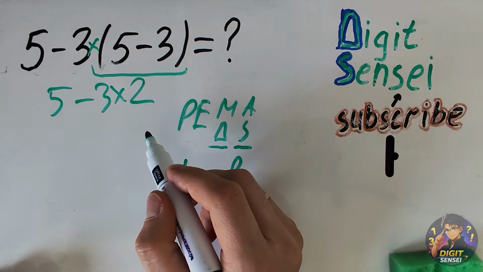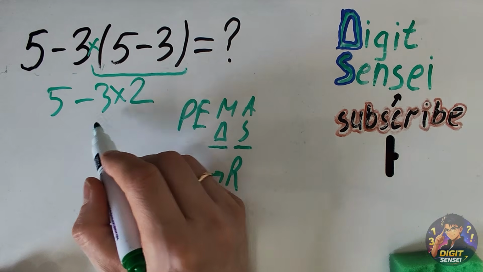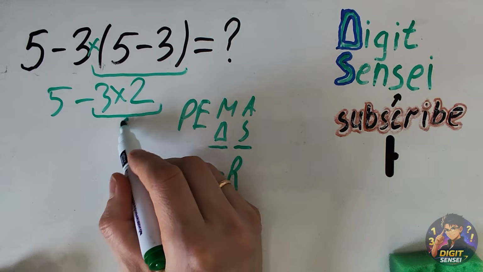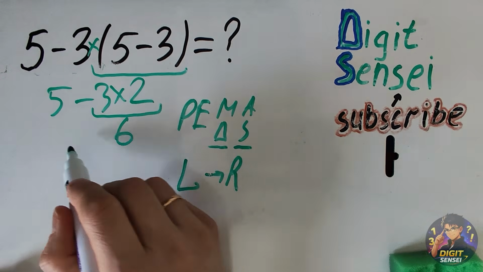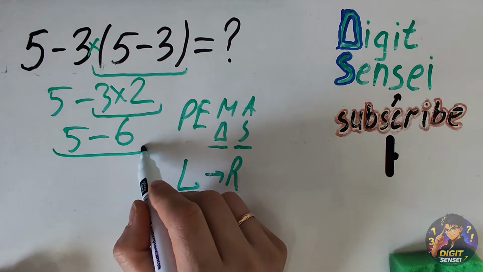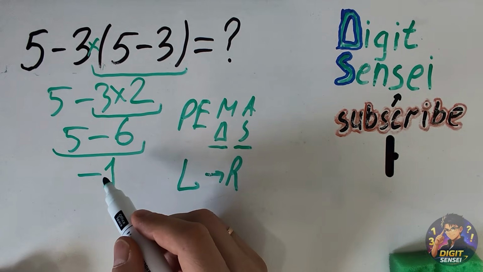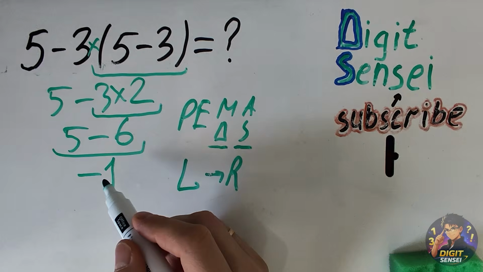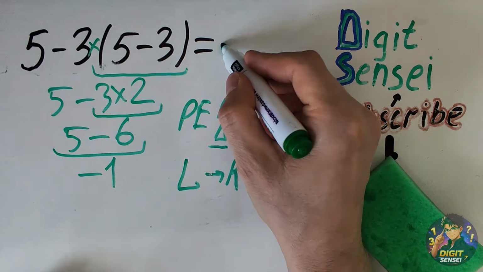So here, first we have to do this multiplication. 3 times 2 equals 6. So we have 5 minus 6, which gives us negative 1. And this is our final answer to this problem. The correct answer is negative 1.